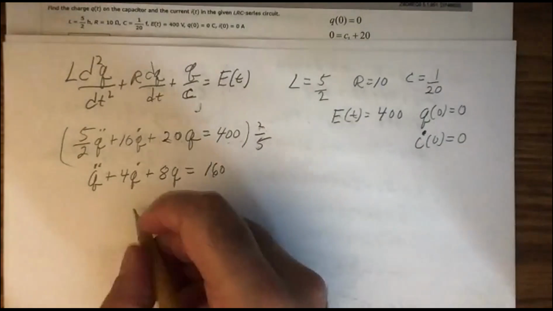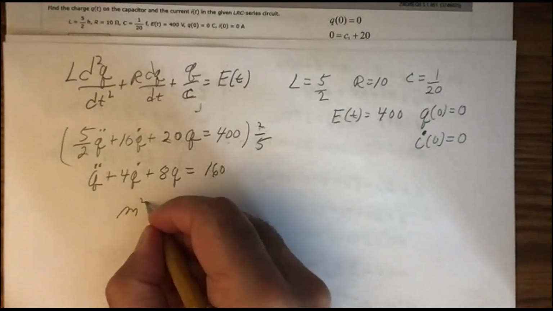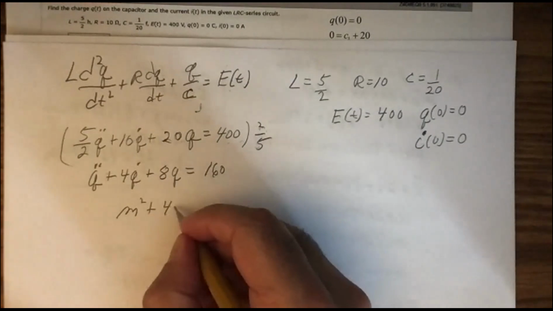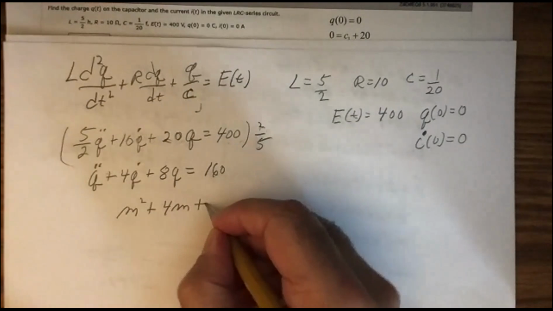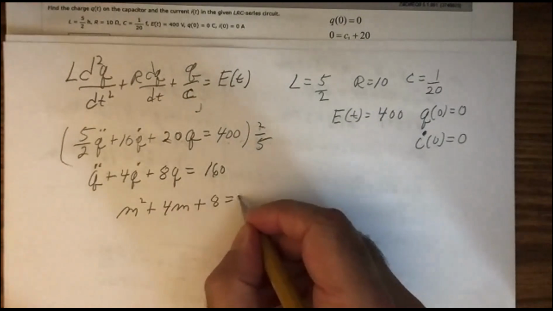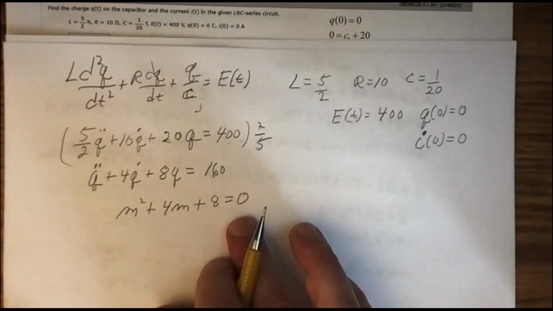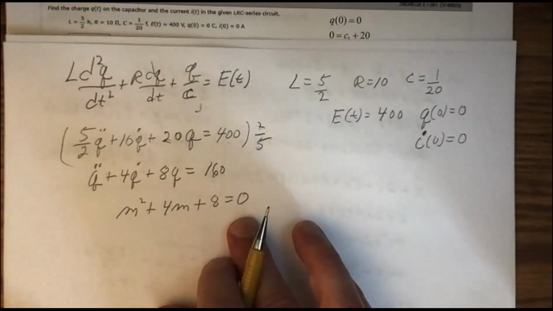Now I'm going to say this is m squared, my auxiliary or characteristic equation. First I'm solving the homogeneous differential equation.